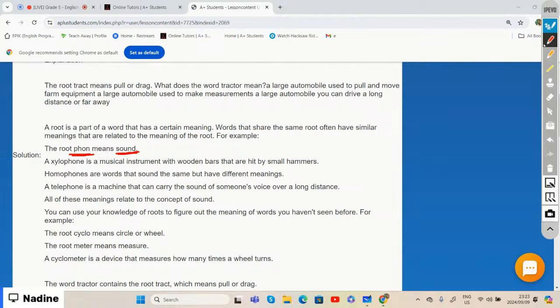Now, let's look at words that have similar meanings or that share the same root. Here we have the word xylophone. And a xylophone, we can say, is a musical instrument with wooden bars that are hit by small hammers. And what does a xylophone do? It creates sound. And whichever little wooden bar you hit, it makes a different sound.